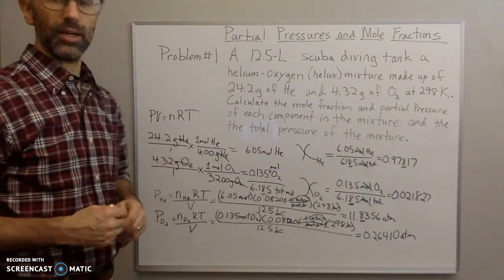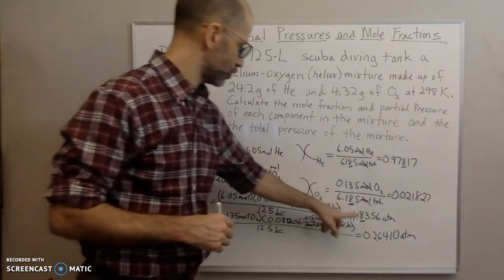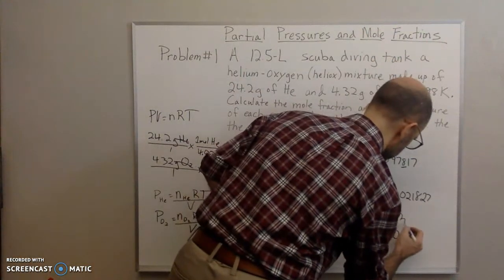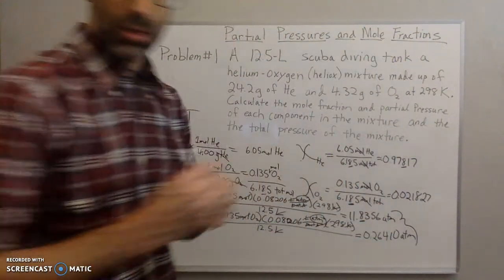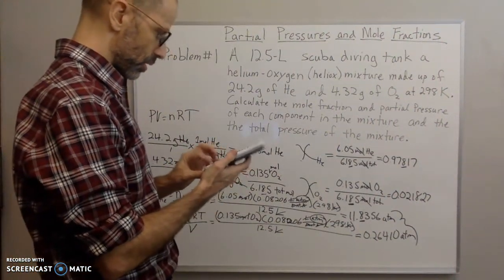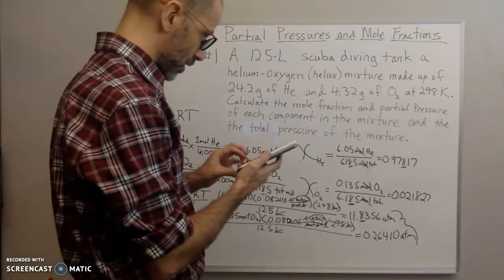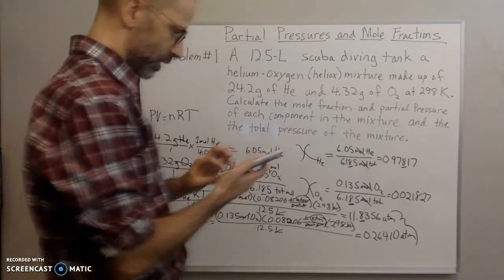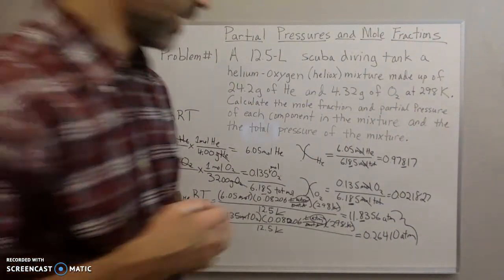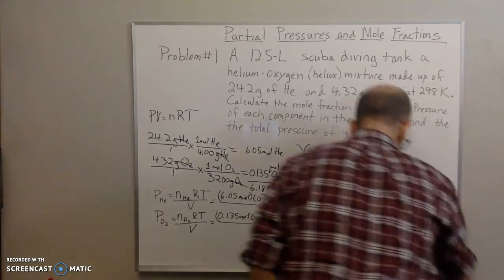So now we can do this in a couple ways. The total pressure, which is what they're asking, should be the two added together. So we can add that together really quickly. So we add that plus 11.8356 equals, and so that gives us 12.0997.